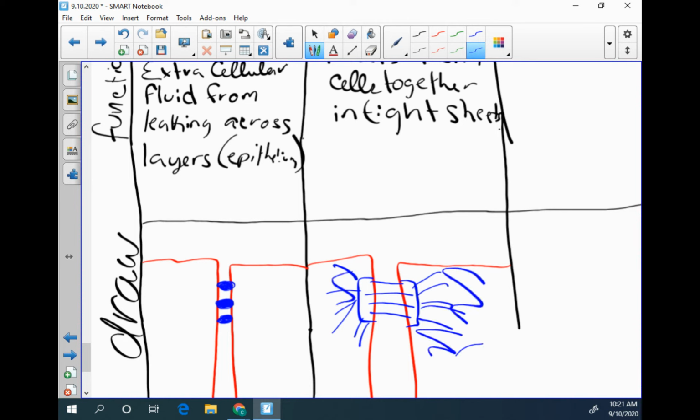These are our keratin filaments. They are anchored in the cell, and those rivets kind of bond those things together. So, like that.